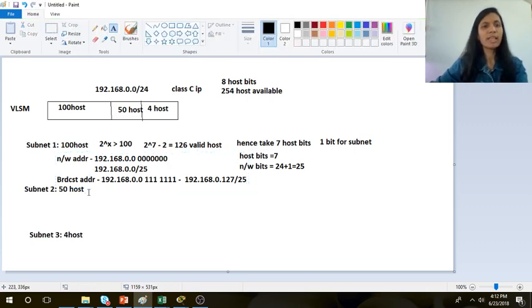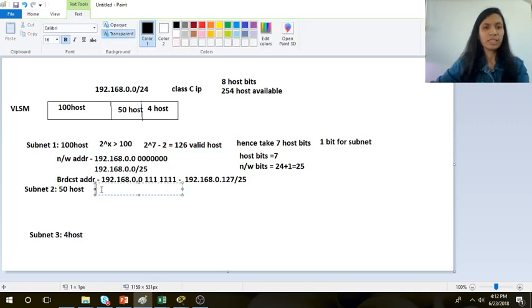Next we will move on to subnet 2. In case of subnet 2, you require 50 hosts. That is, 2 raised to x should be greater than 50.